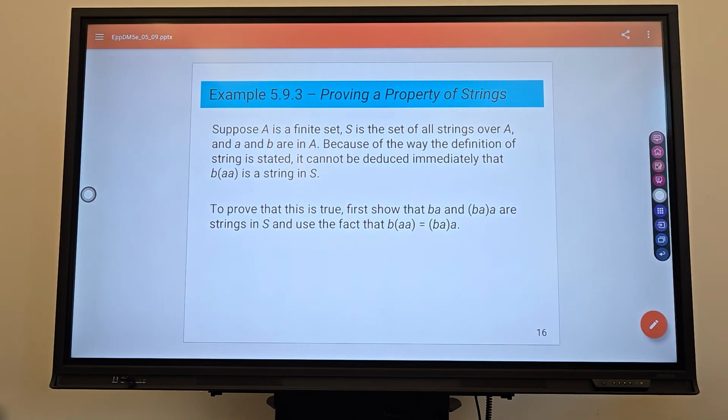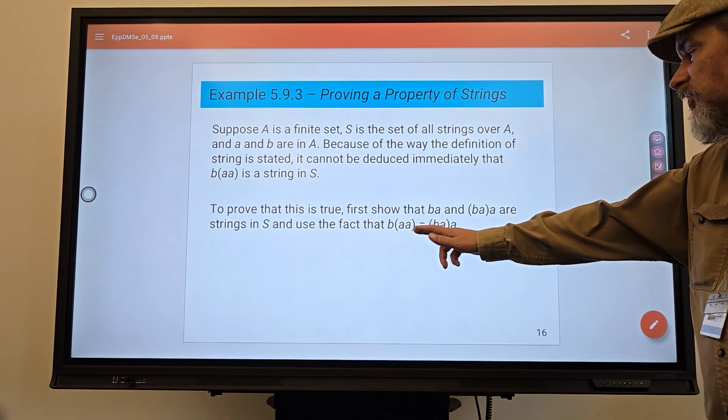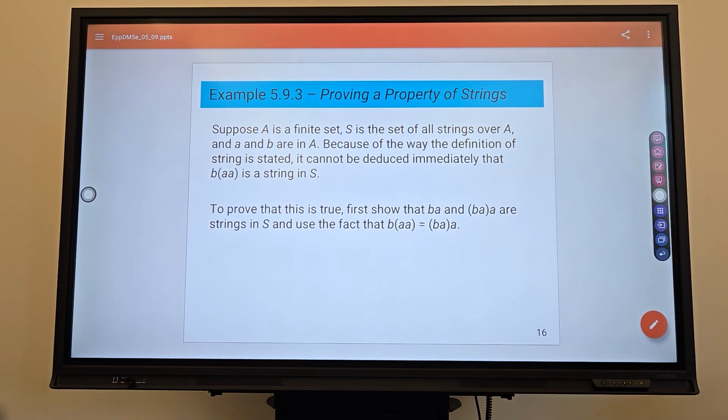Suppose A is a finite set, S is the set of all strings over A, and little a and little b are in A. Because of the way the definition of the string is stated, it cannot be deduced immediately that b followed by a in parentheses is a string in S. To prove that this is true, first show that ba and ba in parentheses concatenated with a are strings in S, and use the fact that the associative property is applicable.